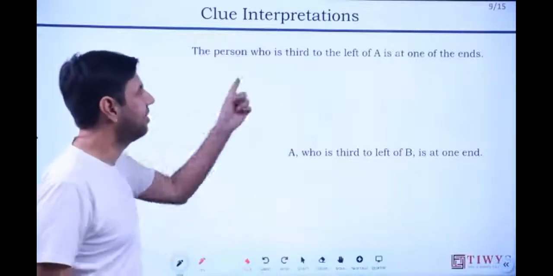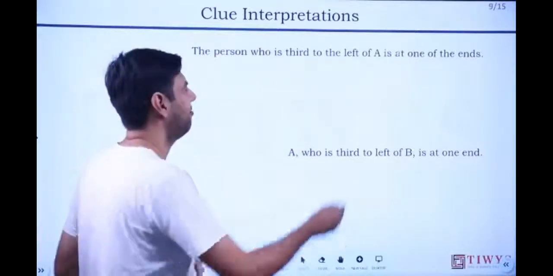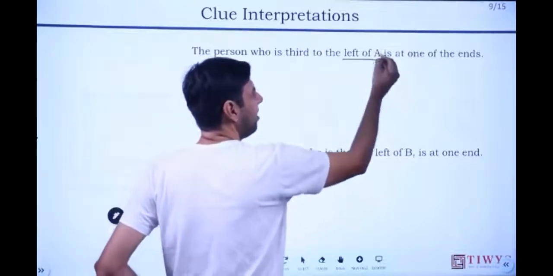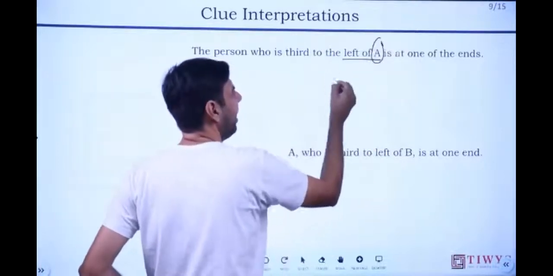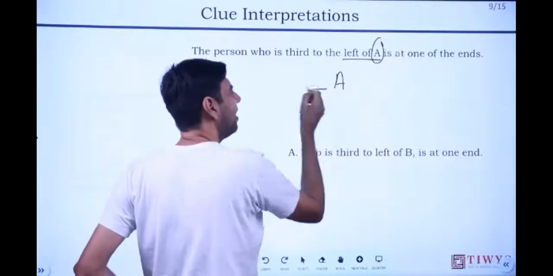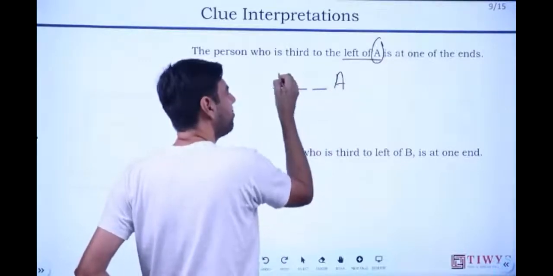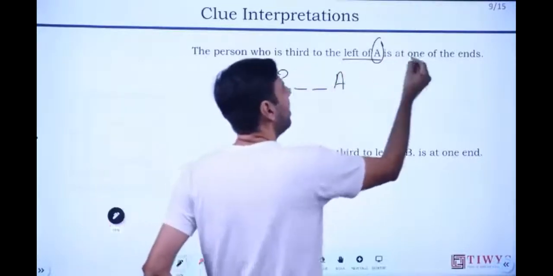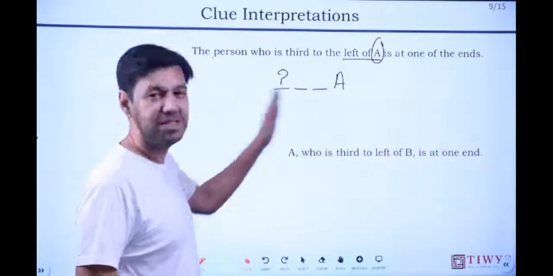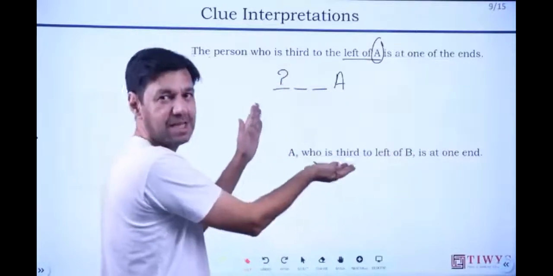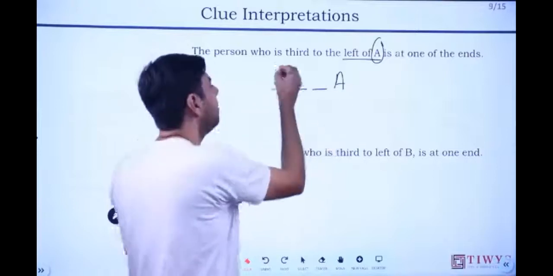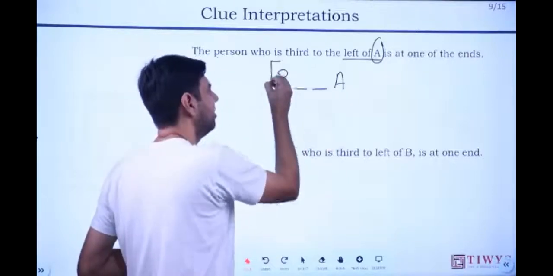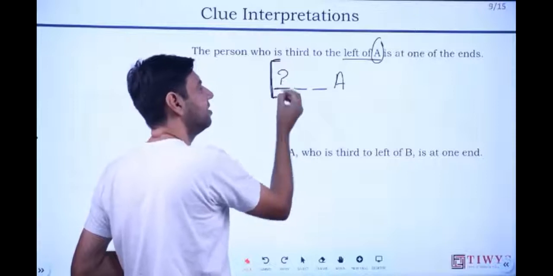The person third on the left of A, जल्दी से reference A third left, आगे पढ़ना भी नहीं है, 1 2 3 इसके बारे में बात हो रही है। The person is at one of the end. अब obviously ये right end में तो हो नहीं सकता ना, क्योंकि इसके right में लोग हैं, so this has to be the left end.